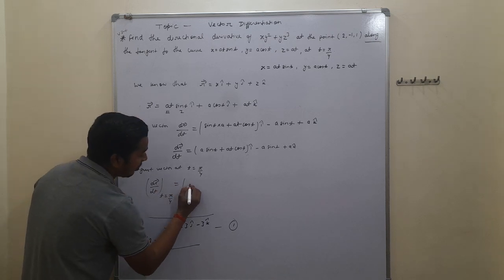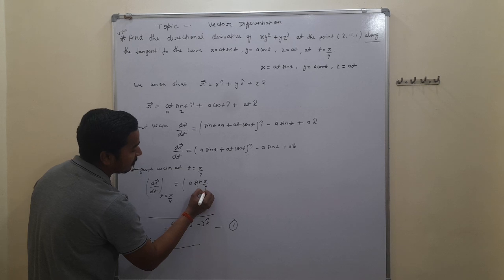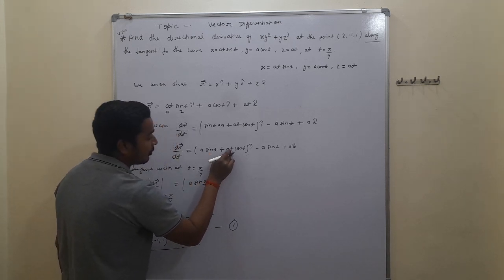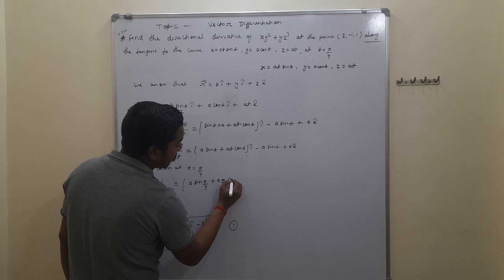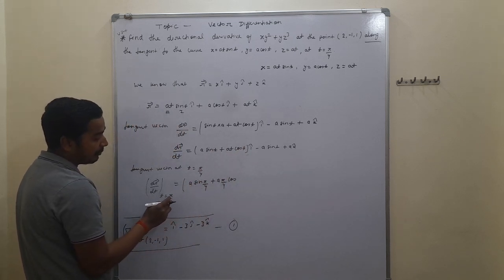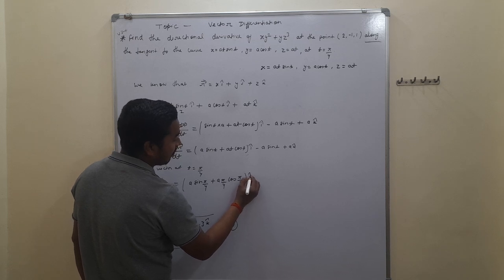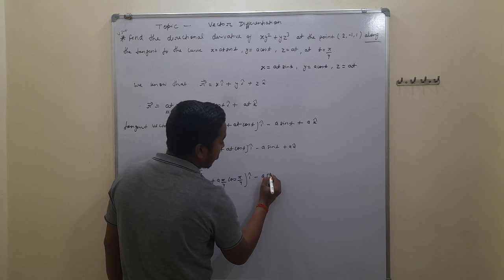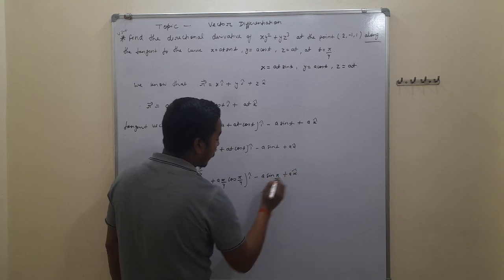This gives a sin pi by 4, plus a into t, where we put pi by 4, so pi upon 4, and cos, in cos t we again put in place of t pi by 4, and this is i cap, minus a sin pi by 4, and plus a k cap.